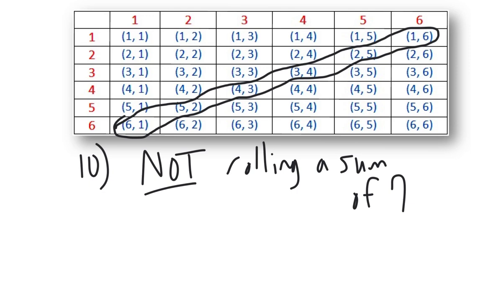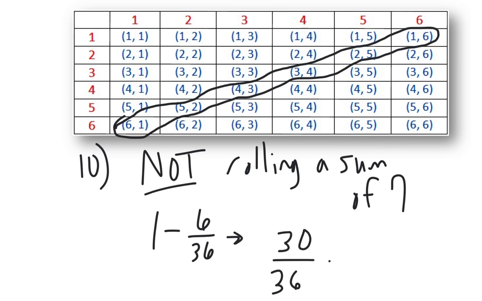So that would be the different options that have a sum of 7. There are 6 of them. So it's basically the complement of that, which would be 30, the other ones. So 30 out of 36, which reduces to 5/6.